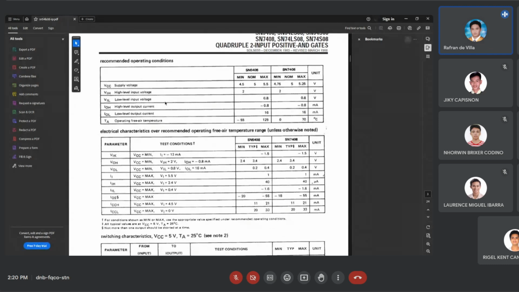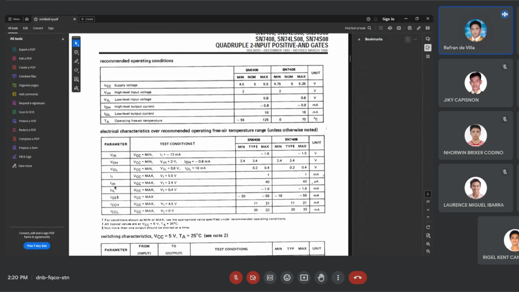Now, always take note of the following: the VI, voltage input, and IO, the current output. If there is a current output, there is also a current input, which is II.